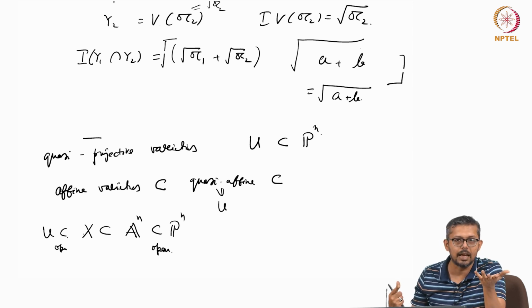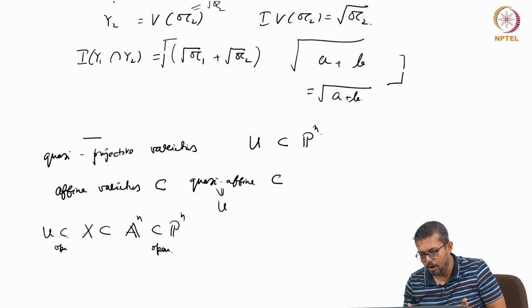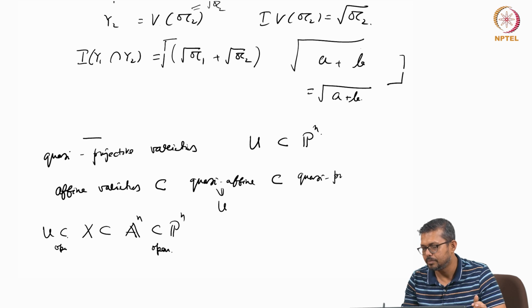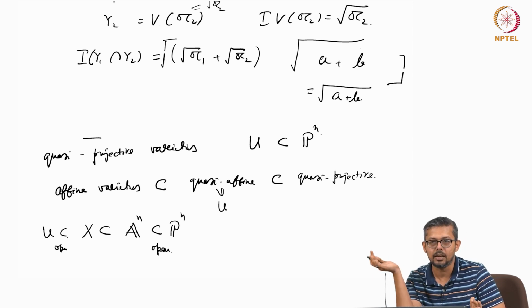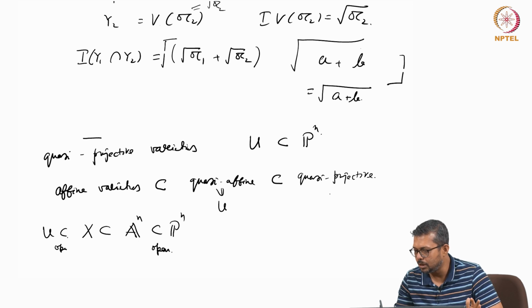So in categorical language, you can define it. So I can think that quasi-projectives are most general objects, because when I think of an affine variety, I can think of it as a quasi-projective variety, right? And of course, quasi-projective will contain projective.